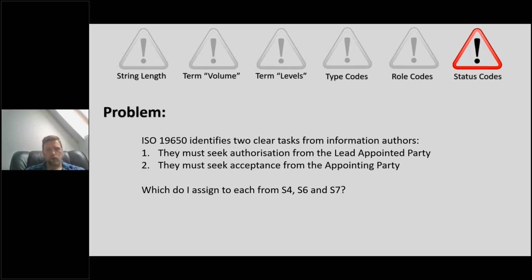So what we're hoping is if these codes are refined or put forward and proposed going forward, that we can clean that up and actually get it to align with ISO 9650 more accurately.